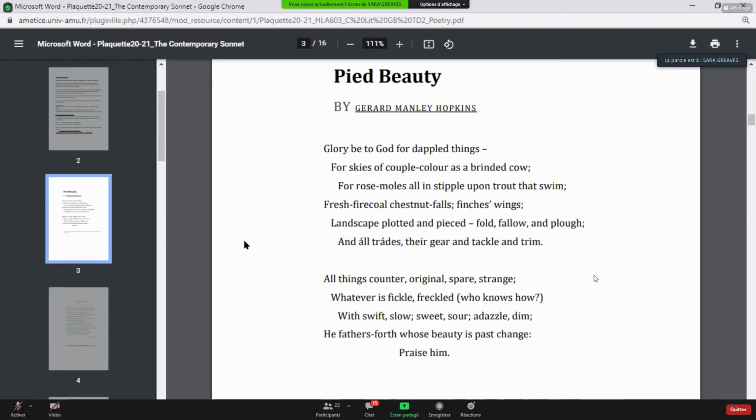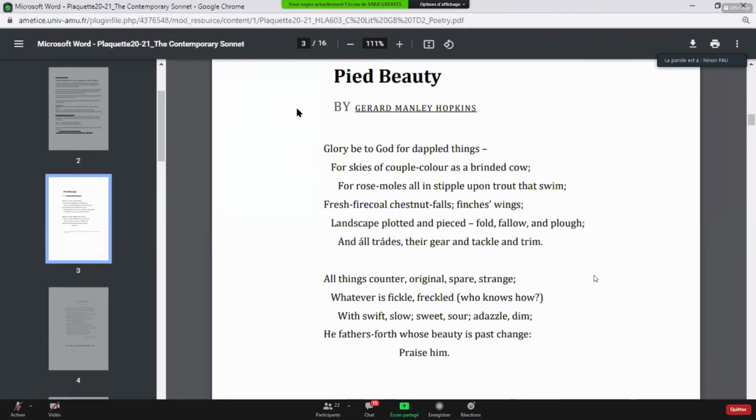Yes, go on. So I found maybe two main ideas throughout the poem. The first was the most obvious one, just like you said, the celebration of nature and of things that are not immaculate in a way because of all these stains and these stripes, things that are not perfect and yet they are amazing to him.